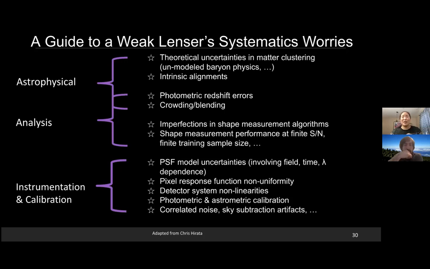They use different, probably wrong models to describe the intrinsic alignments. For example, KIDS uses the nonlinear alignment model, and then DES uses the tidal alignment, tidal torquing model, which has more parameters. So it blows up the error bars a little bit, but then there are certain aspects that may or may not be matched to data.